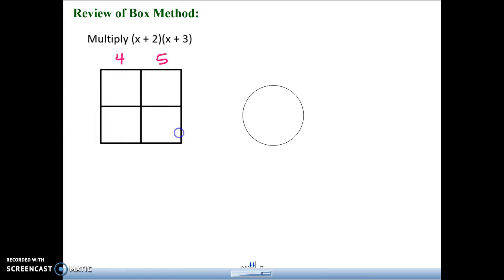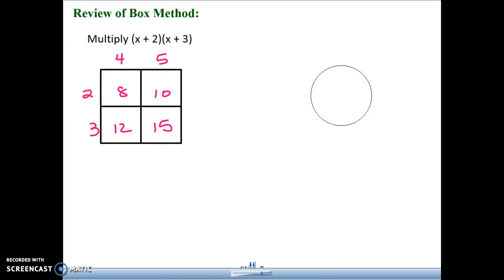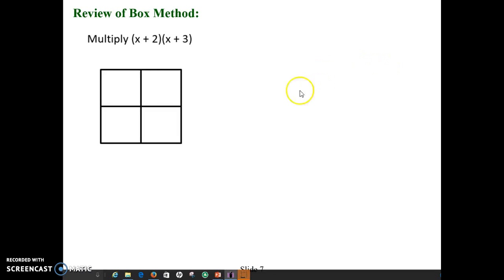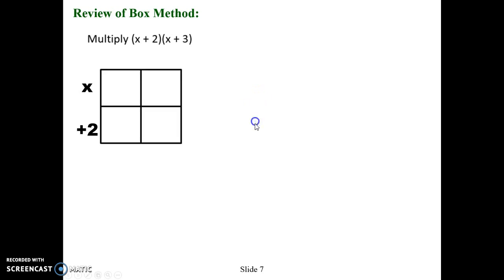I maybe should have used some different numbers here, like 2 and 3. 2 times 4 is 8, 2 times 5 is 10, 3 times 4 is 12, 3 times 5 is 15. We're going to do that same thing, but now we're going to throw in some x's. It still works! I'm going to put x plus 2 here, and the x plus 3 here. You could do it either way. The x plus 3 could go here, the x plus 2 here.